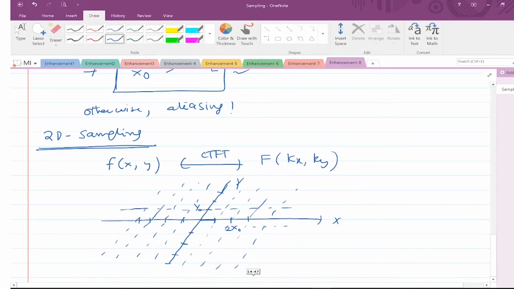At all those points I'd like to take samples of my original signal. So how would the impulse train function look then? You have here an impulse train along x. For example, these are the cases where y equal to 0.